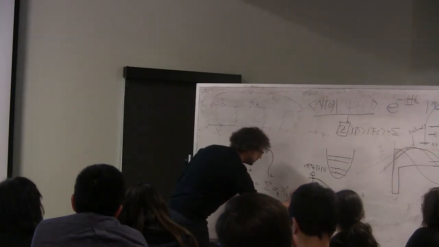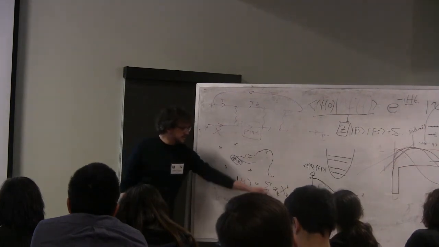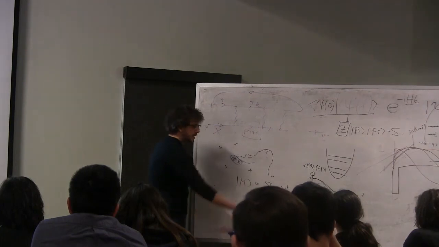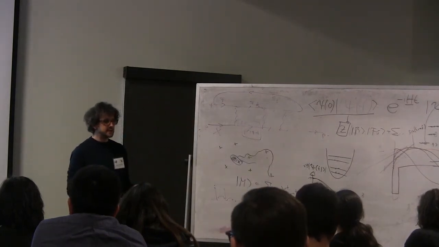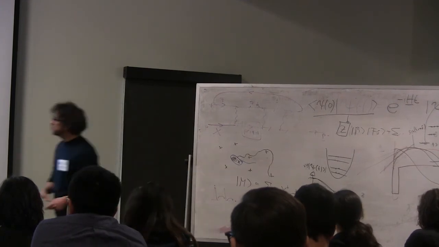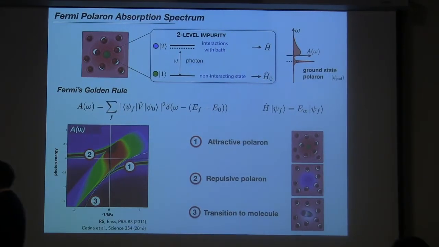And this acts on the Fermi sea. This is the exact molecular state if there's no Fermi sea, and then it gets modified due to Pauli blocking. It's similar to an ansatz which you also have in BCS theory. And if you do this, you would find that there's actually a transition at some point from a polaron to a molecular state. However, that we didn't do in this lecture.